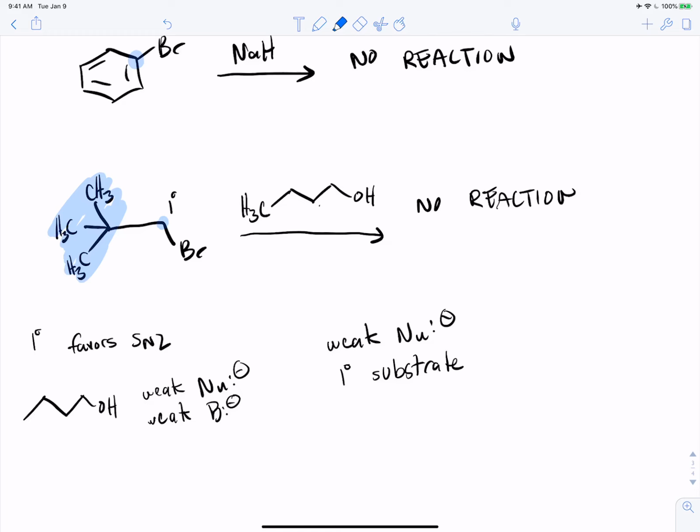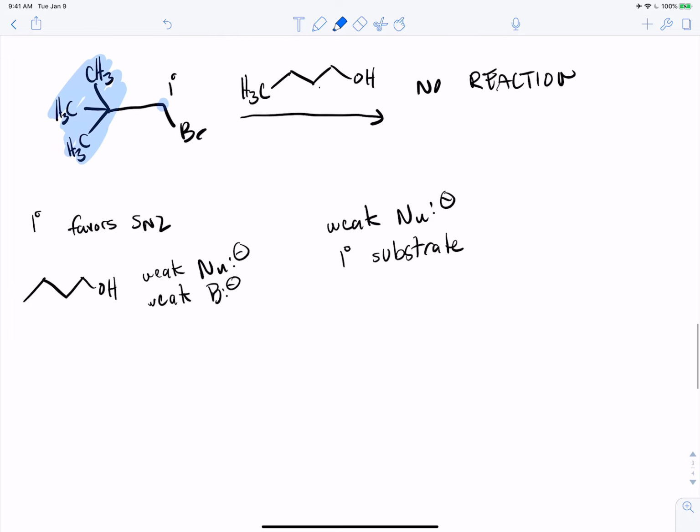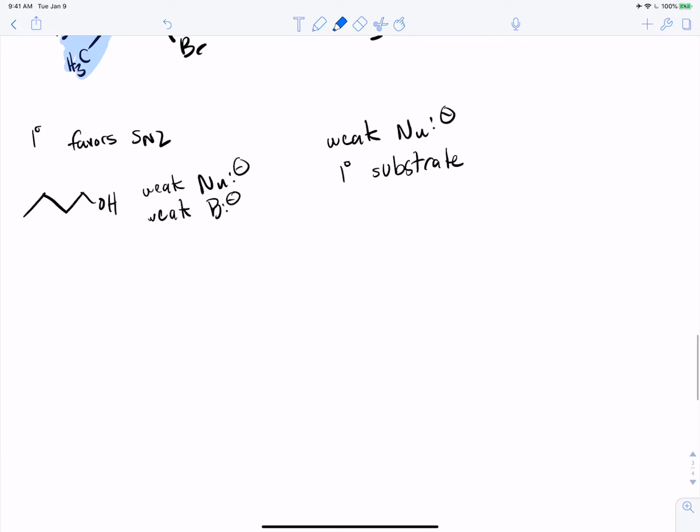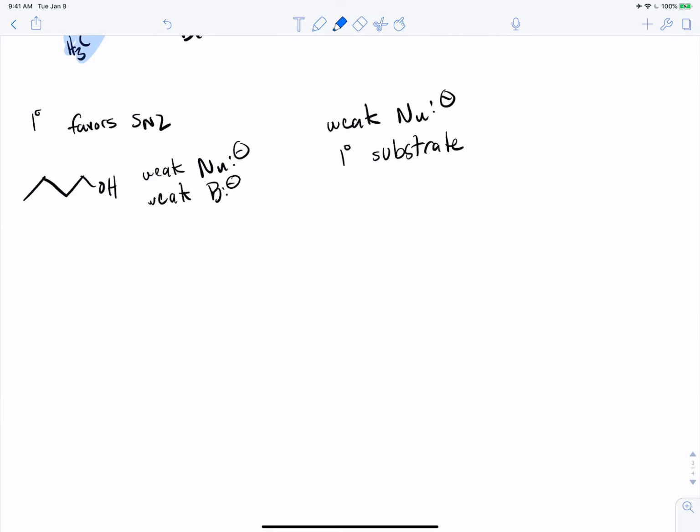Yes, it favors SN2, but what really favors SN2 is a place where you have no steric hindrance. Here your steric hindrance is on the beta carbon, so it additionally slows down that reaction. But the reaction was kind of screwed from the beginning, so it doesn't really matter. So this is a no reaction or slow reaction. For us, I would just call that no reaction.